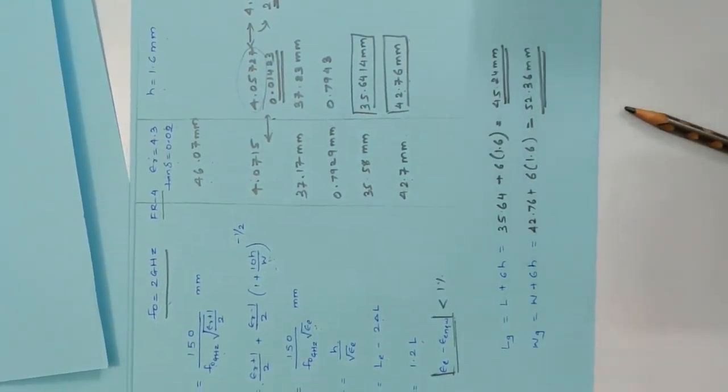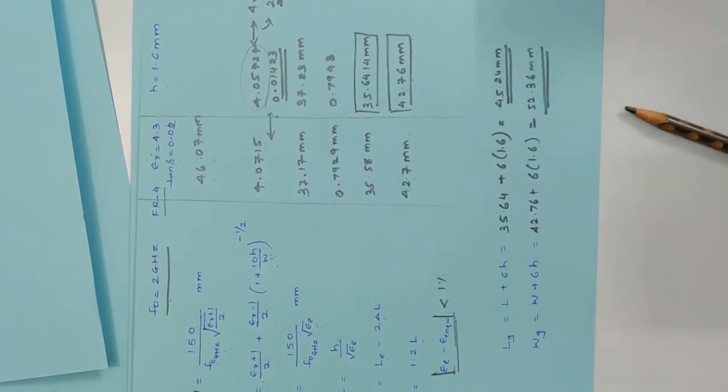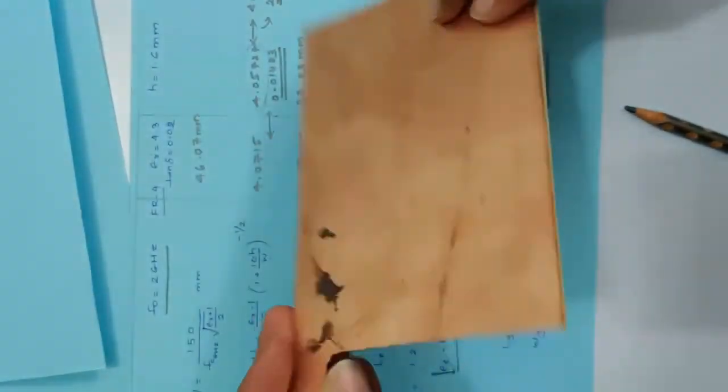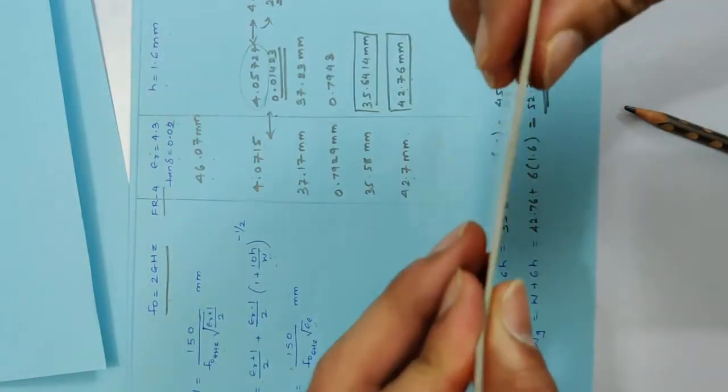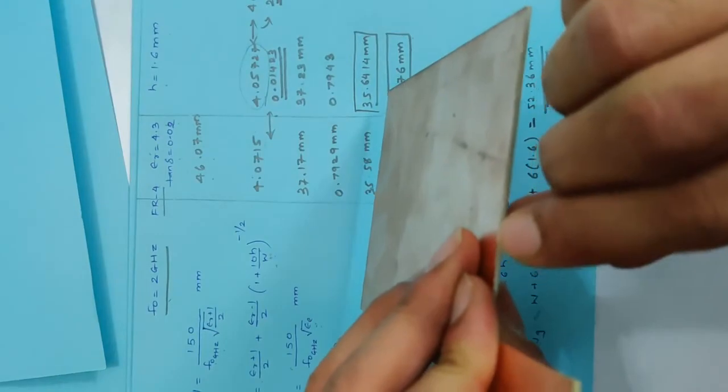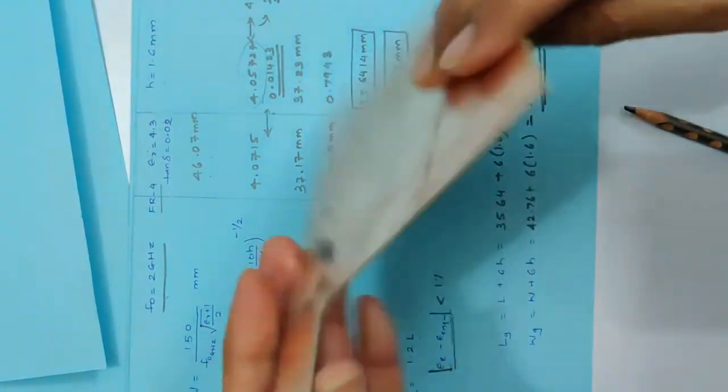Now before proceeding to the CST, just a few points to be remembered. So this is the substrate, FR4 substrate. It has copper on both the sides, and you can see the thickness is quite small, around 1.6 mm. So this is actually the substrate, and on both sides you have copper.